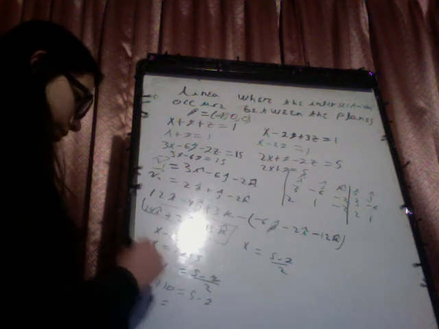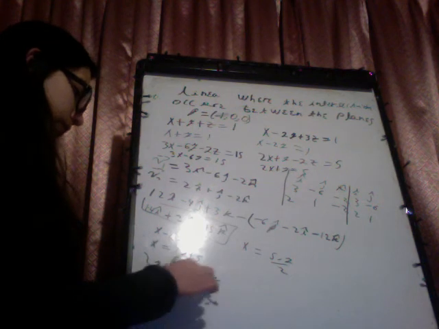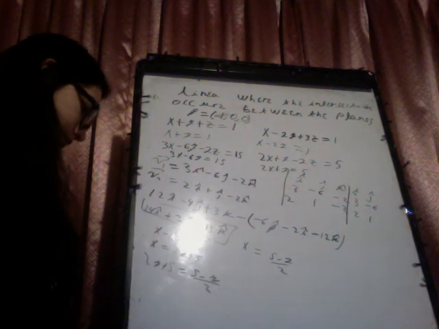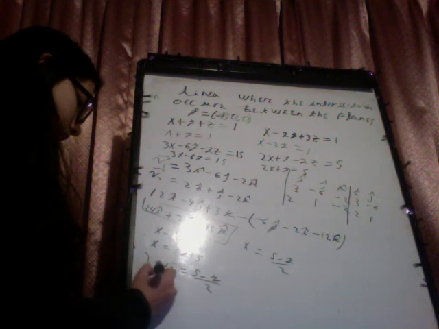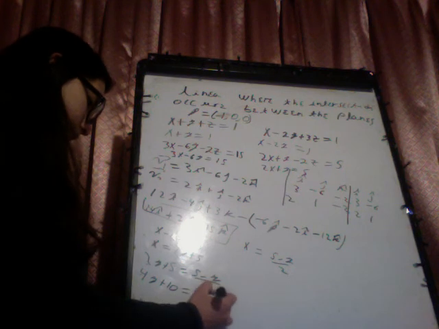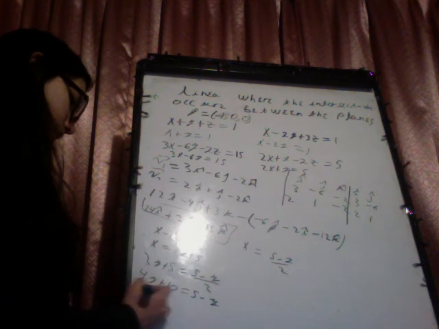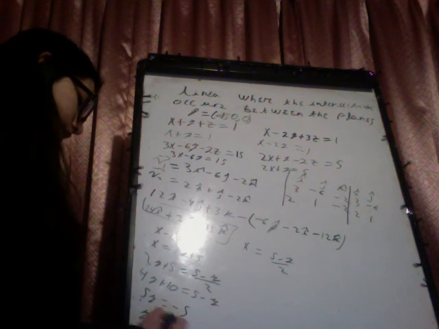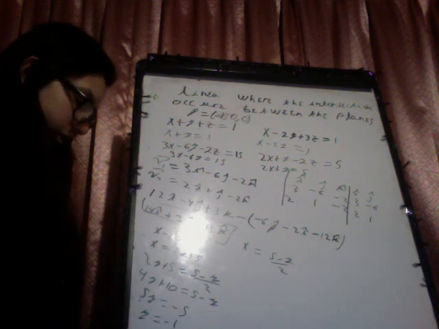So I have 2y plus 5 equals 5 minus y over 2, and so this becomes 4y plus 10 is equal to 5 minus y. Now 5y is equal to minus 5, y is equal to minus 1. Really, I'm sorry for that.